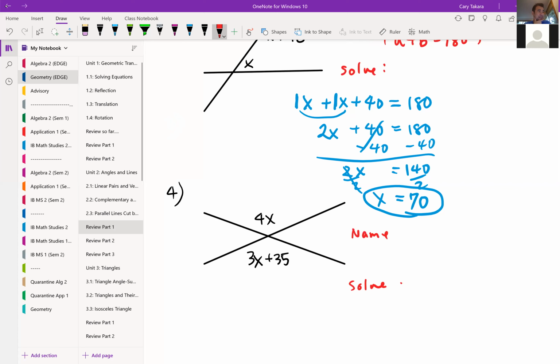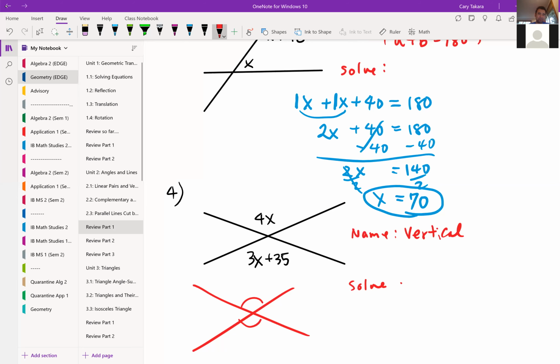Very good. Gabriella, you've got it. Anybody else? What would you call this first of all? Thank you, Janet. I'm sorry if I'm mispronouncing your name. This is called vertical angles because you've got 2 lines crossing. These are opposite sides.